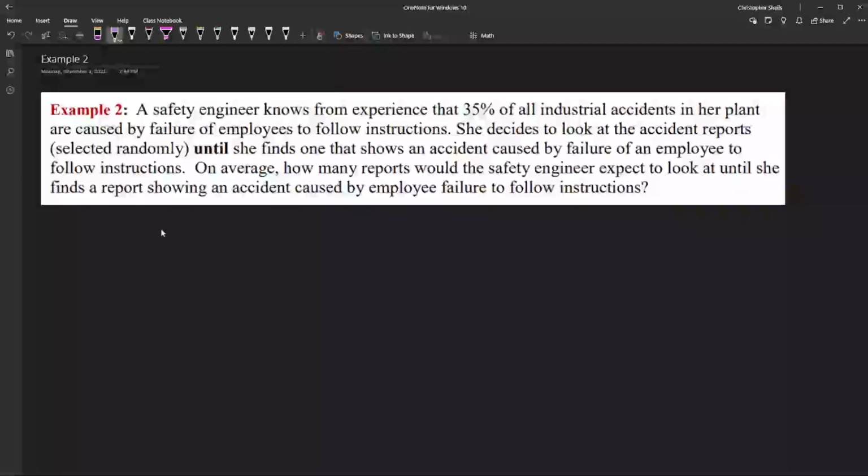So in this case, again, it's a good idea to identify what success means and what failure means. Our success here would be the report indicating that the accident was due to the employee failing to follow instructions.